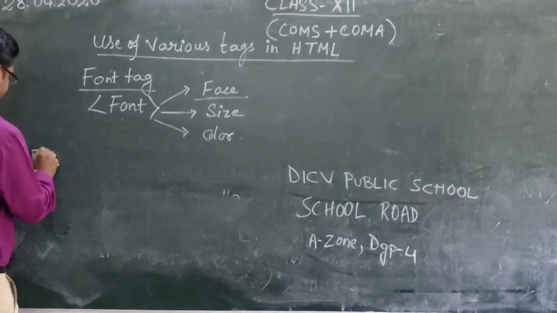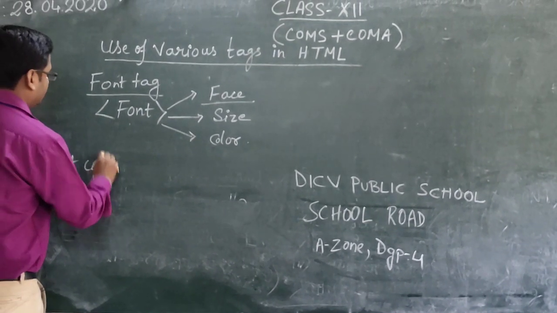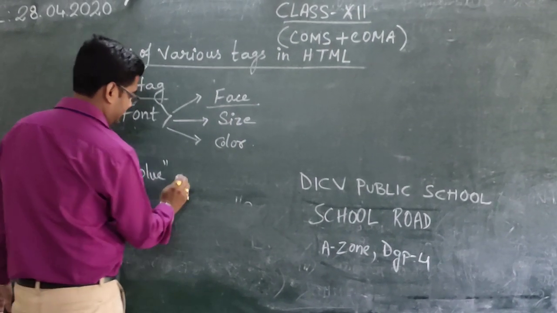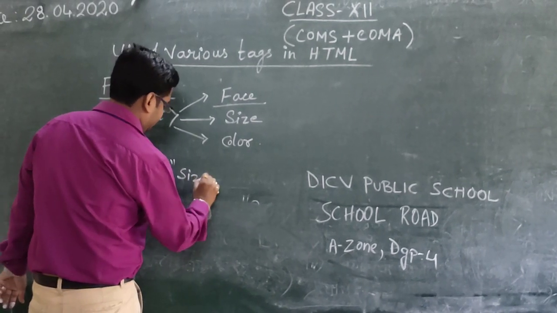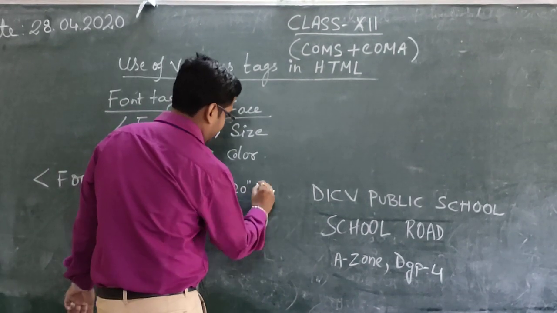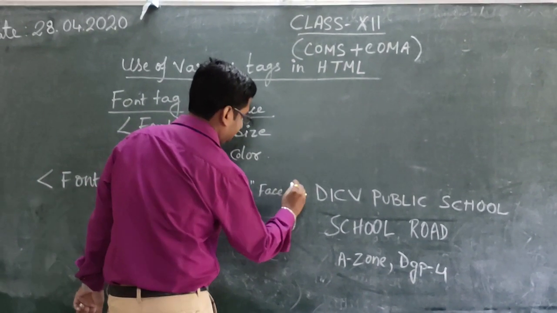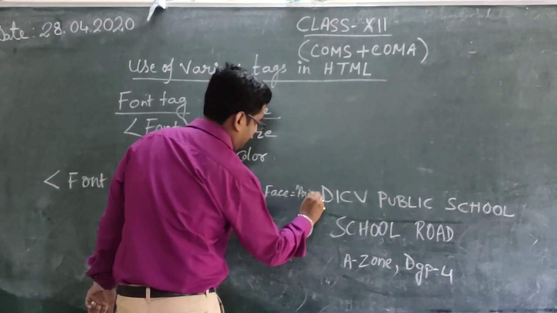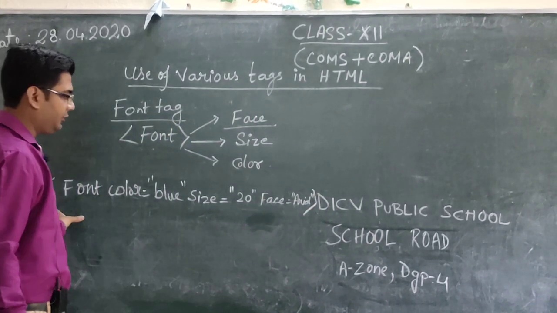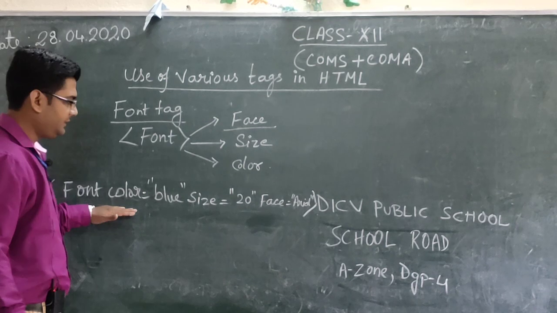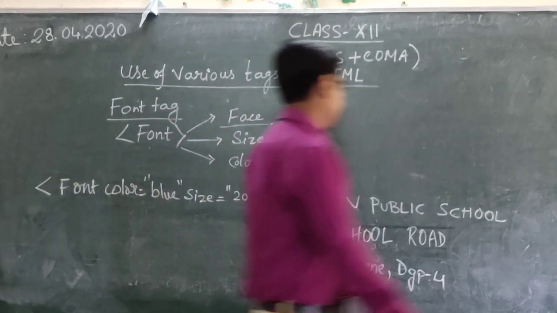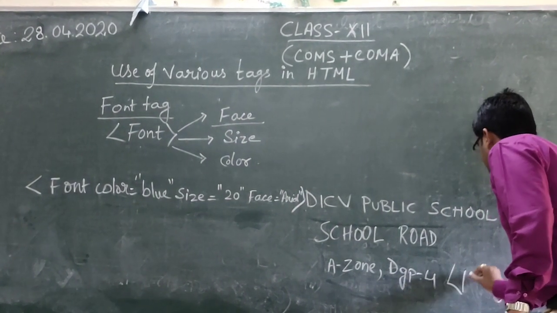Here I am writing font color equals to blue within double inverted commas, size equals to 20, and face equals to Arial. So see, in a single font tag I have used the three attributes: font color, font size and font face.